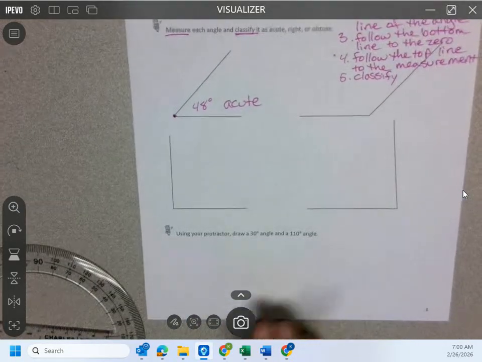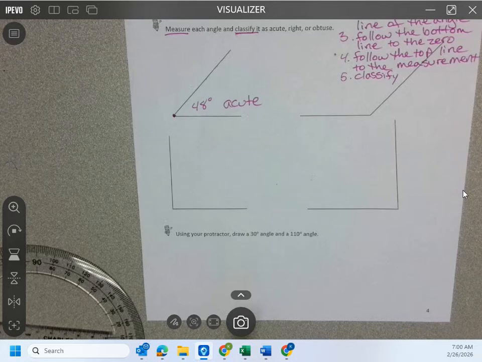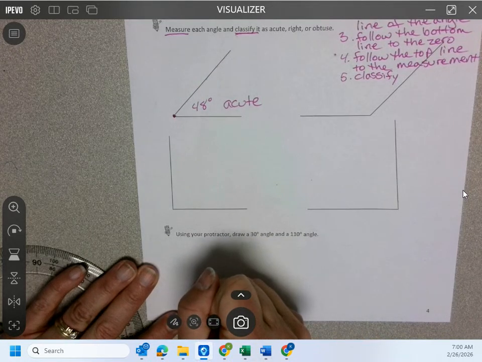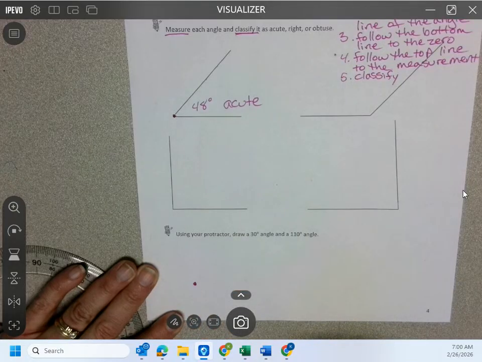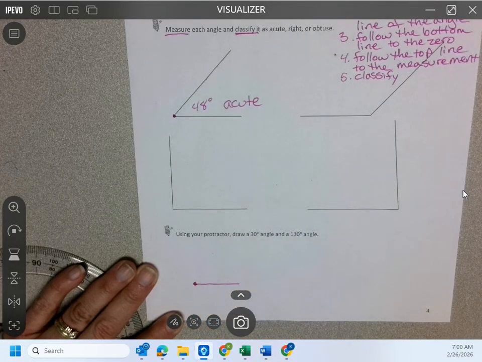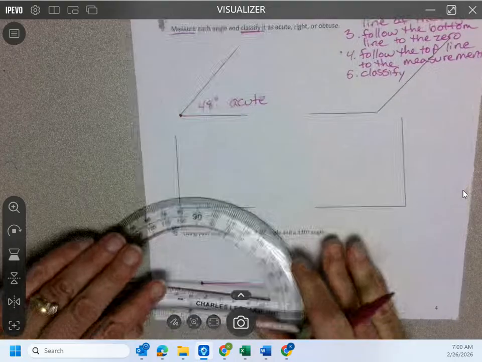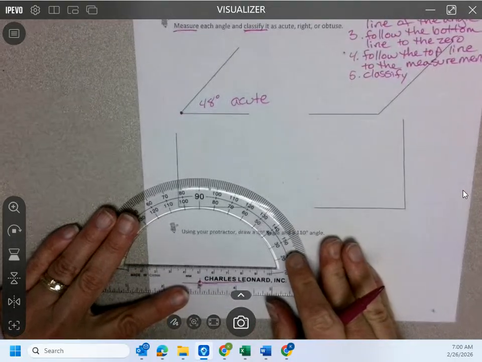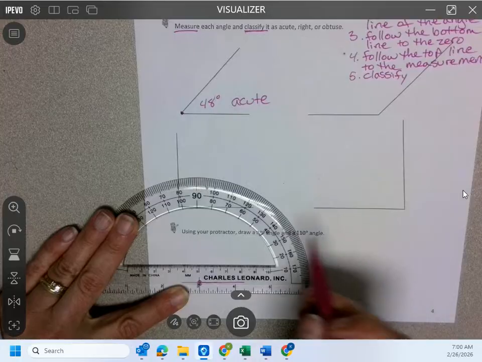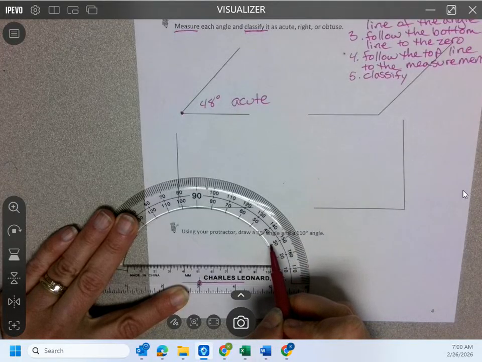Then on the bottom, it says, using your protractor, draw a 30-degree angle and a 110-degree angle. So to draw your own angle, you're going to draw your own vertex. You're going to draw your own bottom line. Then you line up your protractor, vertex, and that bottom line, and you look to see, where is my 30 degrees? 30 degrees would be right here.